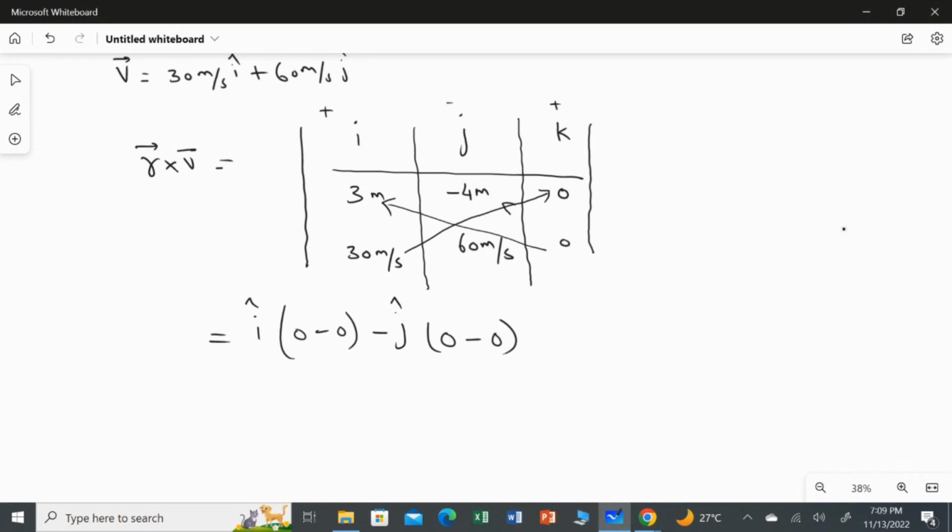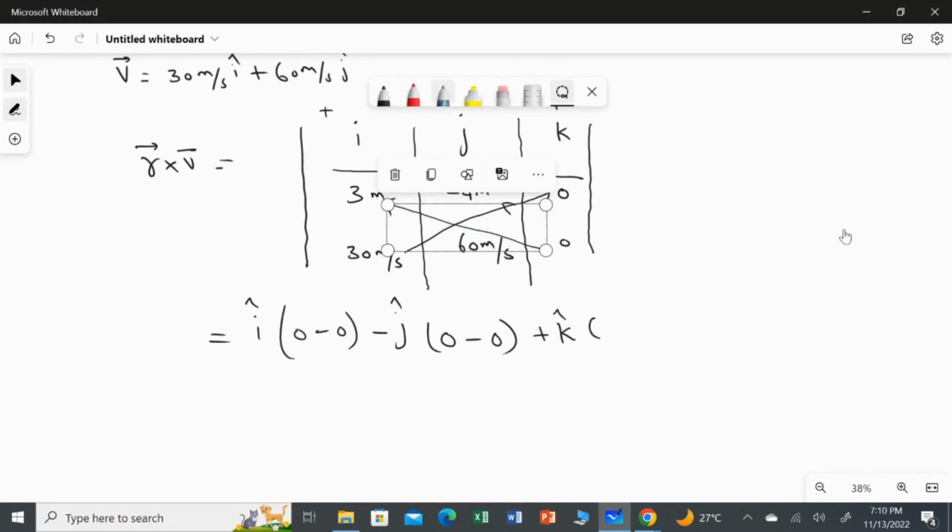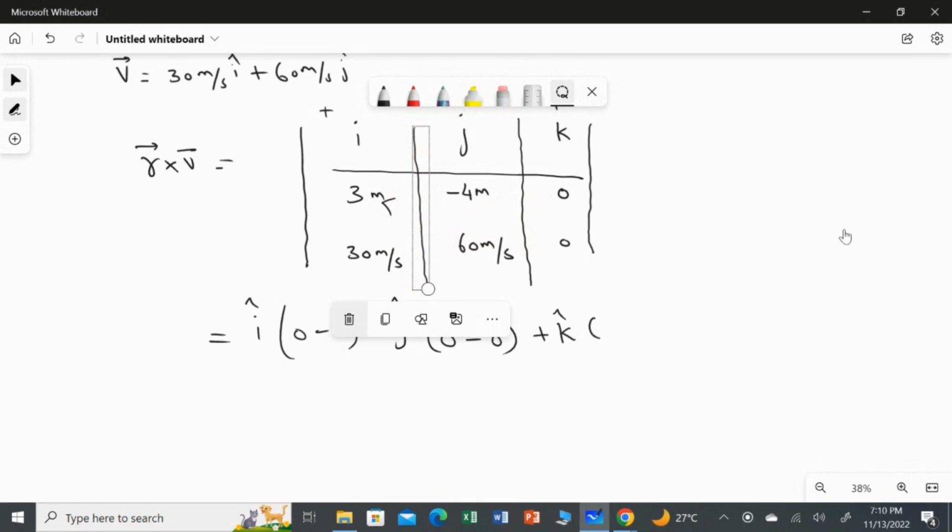And likewise, we have to go for the k component. K has the positive value, right? And I have to delete this for showing how to multiply. Clear?